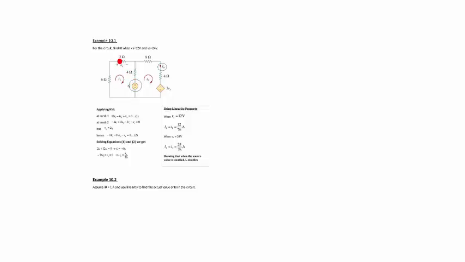The question is only asking me to find I0. It is not telling me to use mesh or node, so you can use either. Looking at the circuit, mesh analysis is the best option. So you label I1 and I2 for the two meshes, and you start.